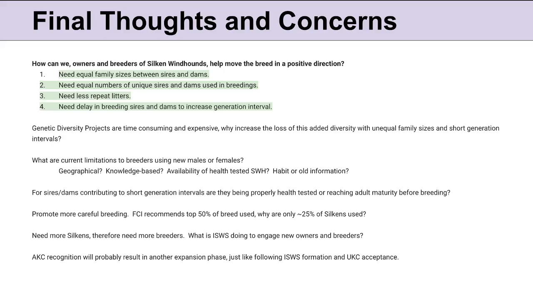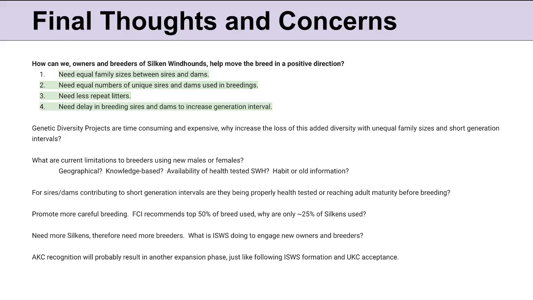So either dams need to be reused more or diversify through sires. Don't use a sire 3 or 4 or 5 or 6 times. We need equal numbers of unique sires and dams used in breedings. We need less repeat litters, and we need a delay in breeding sires and dams to increase our generation interval.